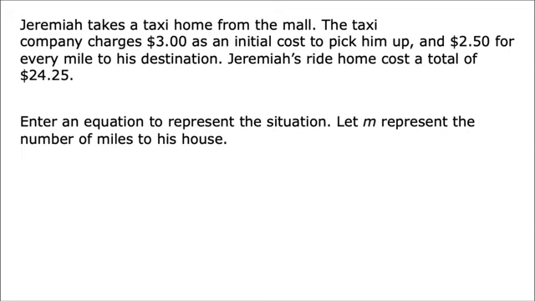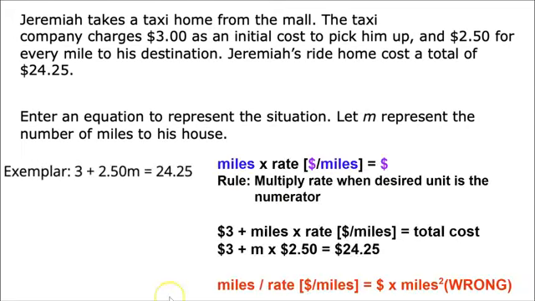Okay, now that you worked on the problem, let's see if you got the correct answer. So, if your answer for your equation was 3 plus 2.5 times m equals 24.25, that is the correct answer. And so how do we get to this equation?